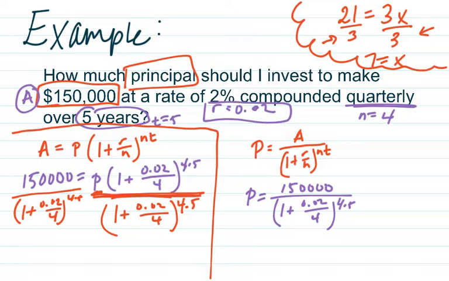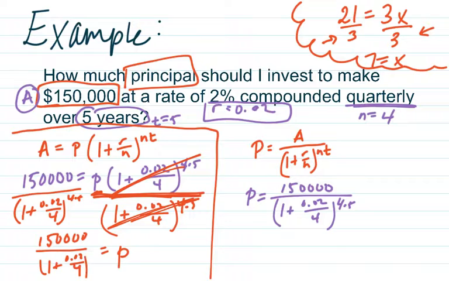And so when you divide a number by itself, that cancels out to just 1. So you end up getting P equals 150,000 divided by 1 plus 0.02 divided by 4, all to the 4 times 5, or to the 20th, right? Which is exactly the same as what you get from the present value formula.